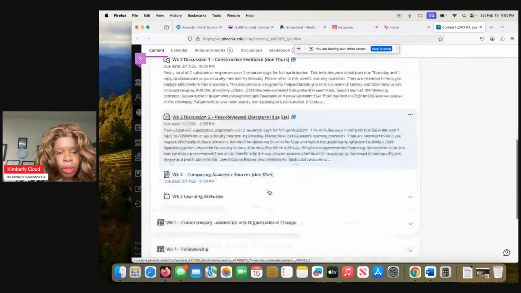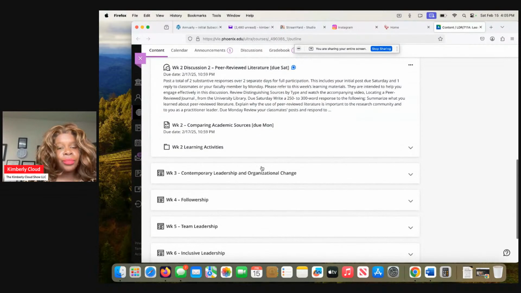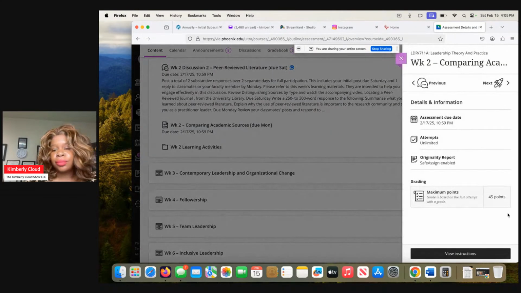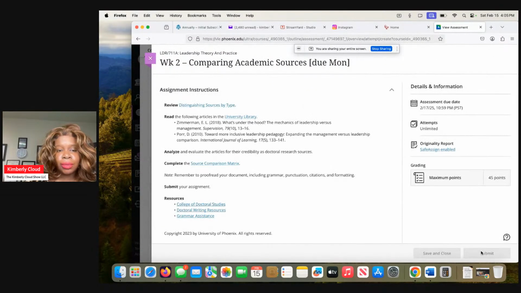Okay, so we got week 2 and view instructions. We have a source comparison matrix. I have that downloaded.